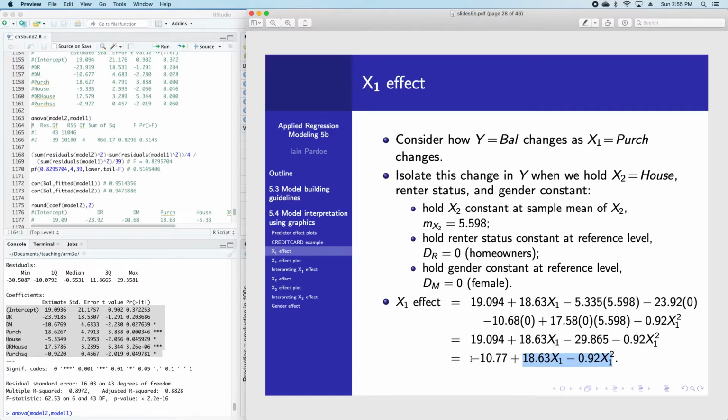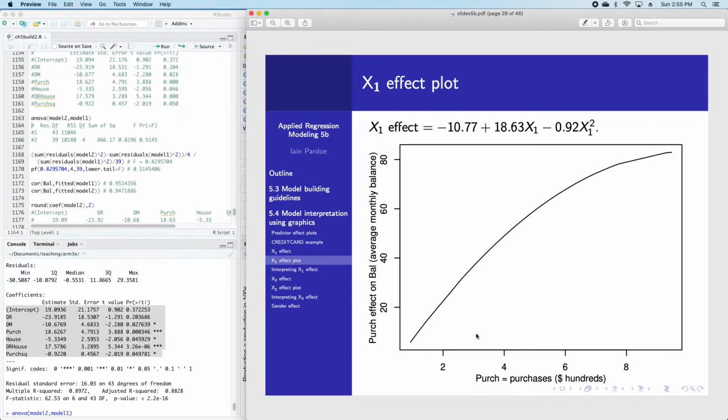The only thing that will differ is this piece here. So I'll end up with the same graph, but the numbers on this axis will just change.